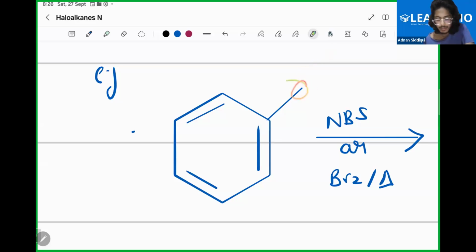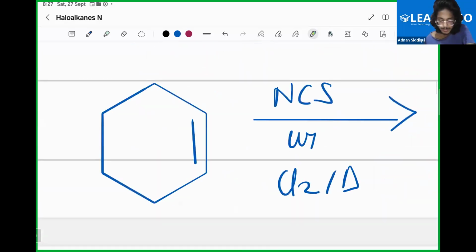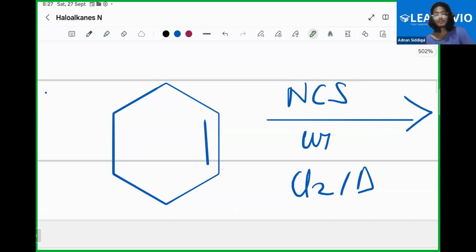So this is the allylic position. What we are doing is N-bromosuccinimide or Br2 with heat, so the product that we are going to get is simple halogenation at the allylic position. Is it clear? Now, in this case, which is the allylic position?